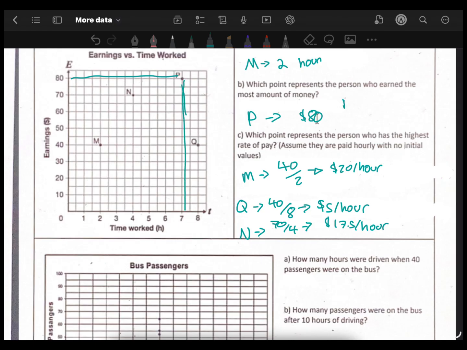So P is 80 over 7, which is approximately $11.43 an hour. If we just look at all these prices, we can immediately tell that the highest rate of pay is $20 an hour. This one gets a little bit close, and this one's the lowest rate of pay.